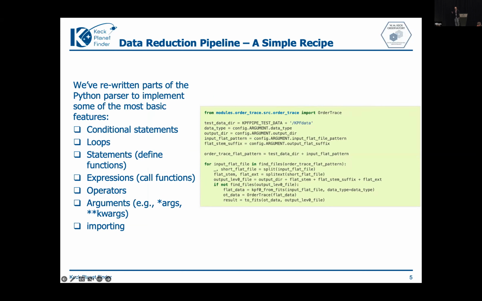The reason why we didn't just have straight Python recipes is because that's a serious security risk. This Keck framework is designed to run on remote servers, and we can't have random Python code being sent up there to execute on a server. So we took the Python language and broke it down to just the very basics of what we needed. And this allows us to do all sorts of clever things within those orders of operations, have loops and if statements and conditionals, and whatever we want, essentially.